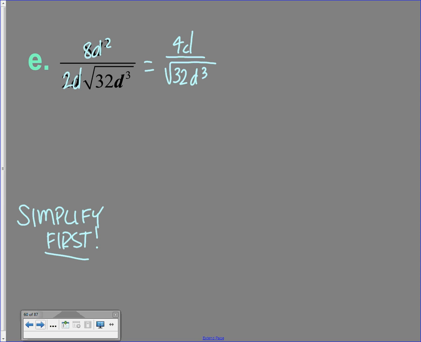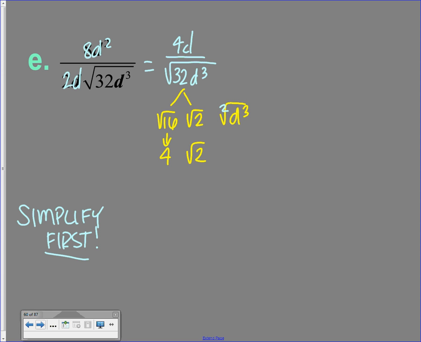Okay, so now again, I'm going to see if I can break this down like I did yesterday. So I'm looking for a perfect square that breaks down 32. Okay, and that's 16, and 16 breaks it down twice. And then I still have the square root of d to the third. Okay, so the square root of 16 is 4. I still have the square root of 2. Okay, and then the house trick.